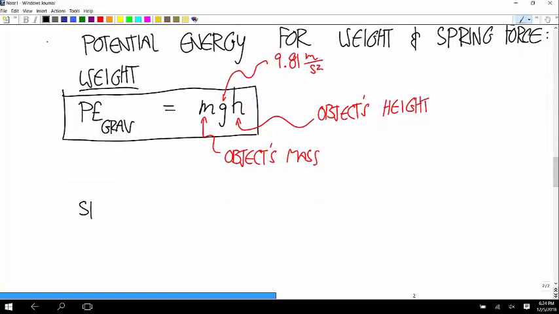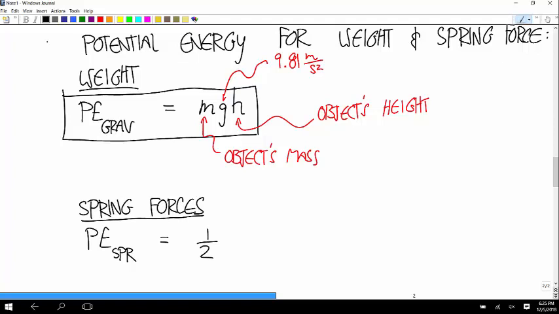And then for spring forces, the potential energy for the force applied by the spring is 1/2 times this constant k that represents how stiff the spring is, times x squared.